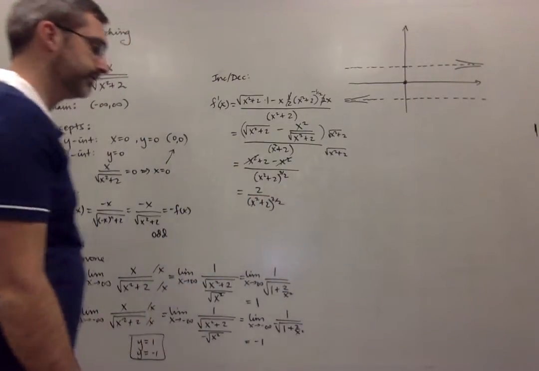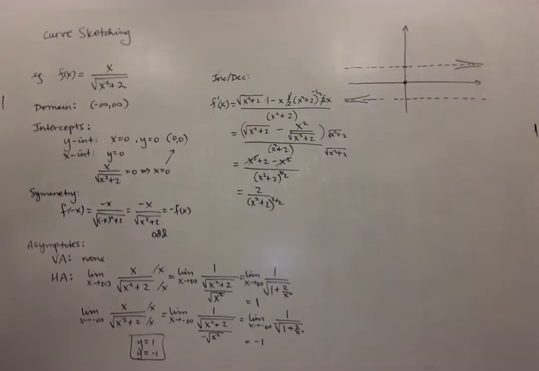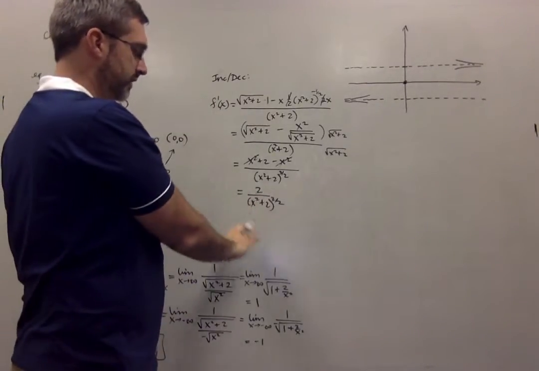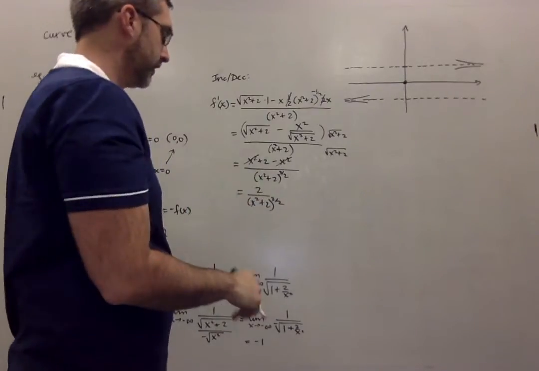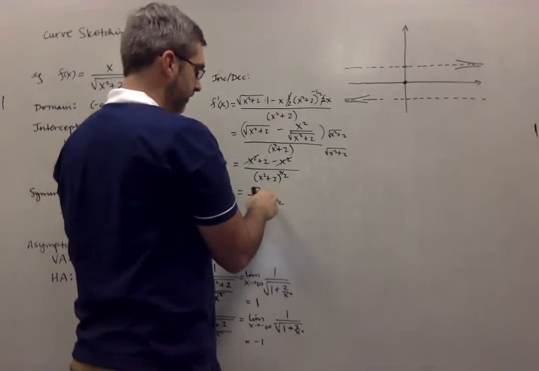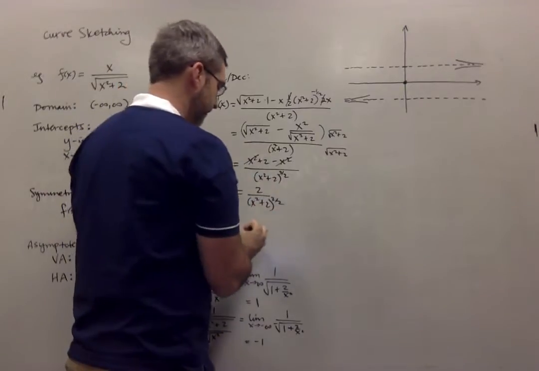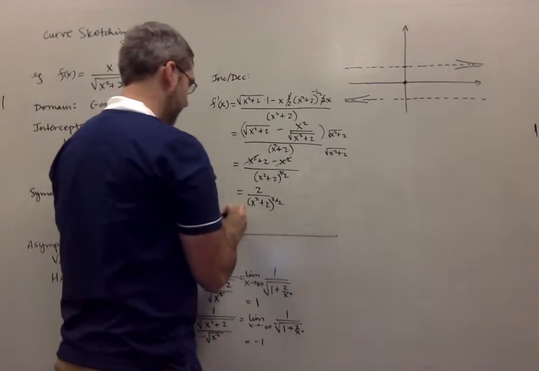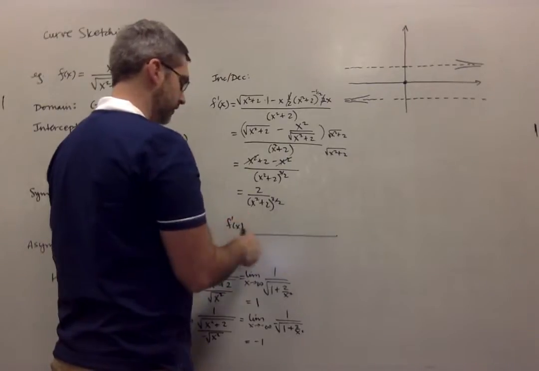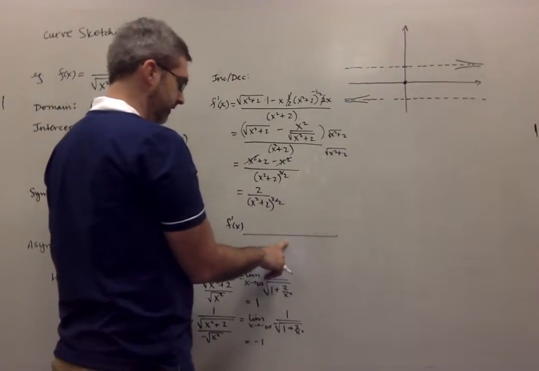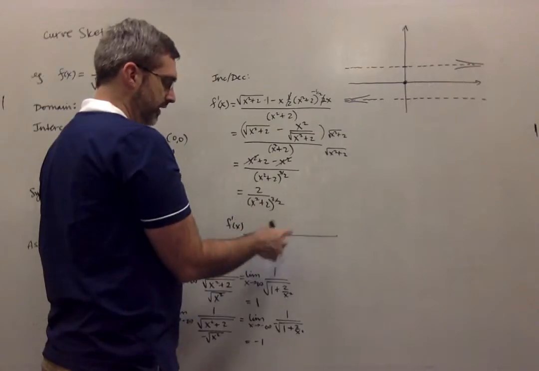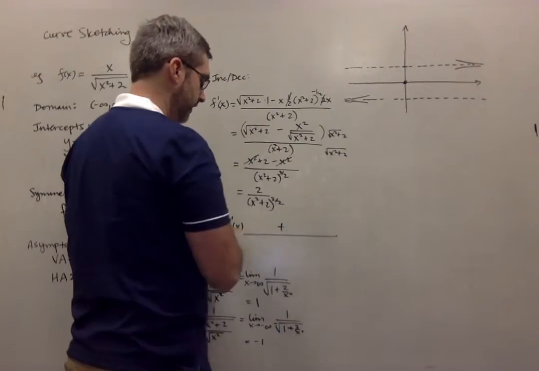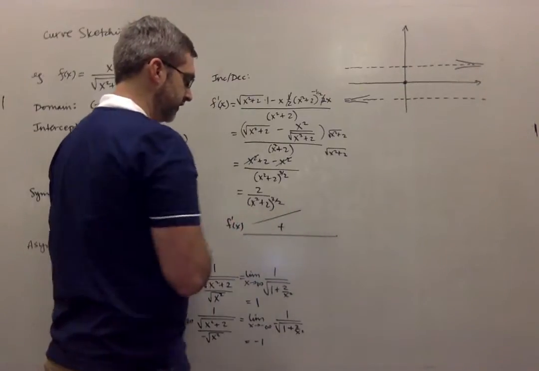That's not too bad. Notice that there's no place where that does not exist. The bottom is never 0. Everything's fine there. And there's no place where this equals 0 because the top is never 0. So in fact, I have no points to plot here, which means I can pick anything, like 0, and plug it in. I get a positive number here, so the entire thing is positive on that entire interval.